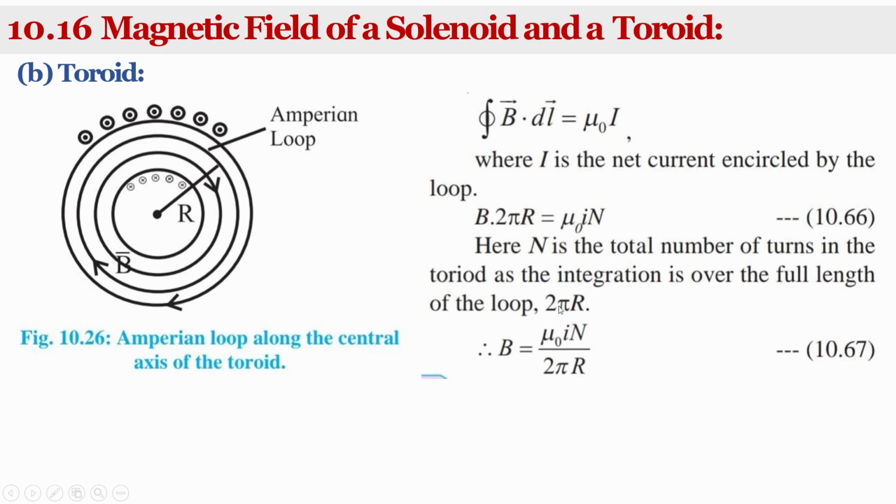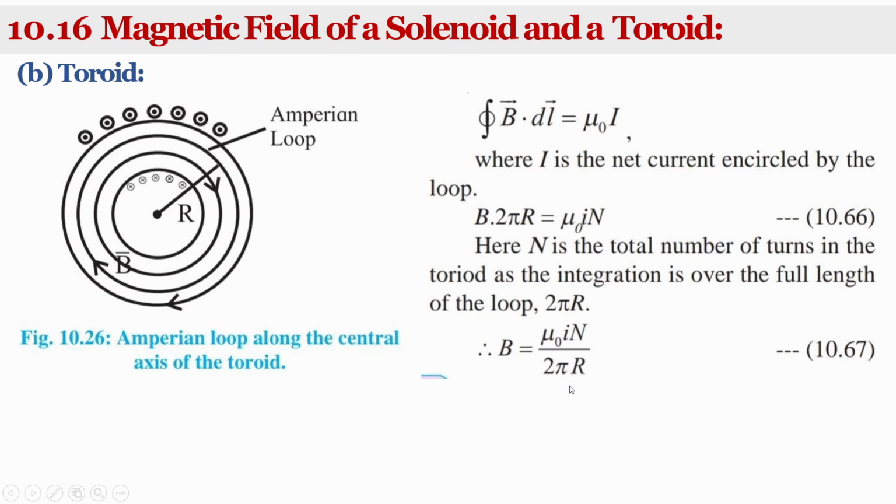Here the current is small I into N. So B is equal to mu naught I N upon 2 pi r.